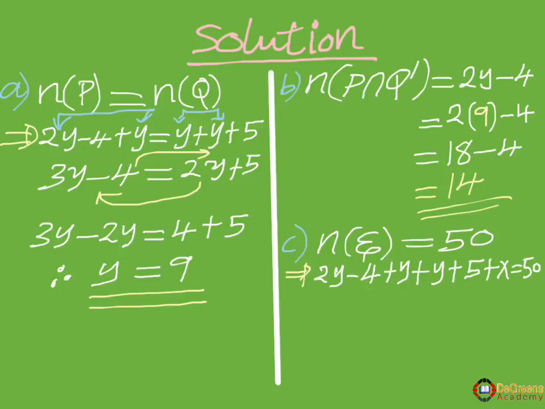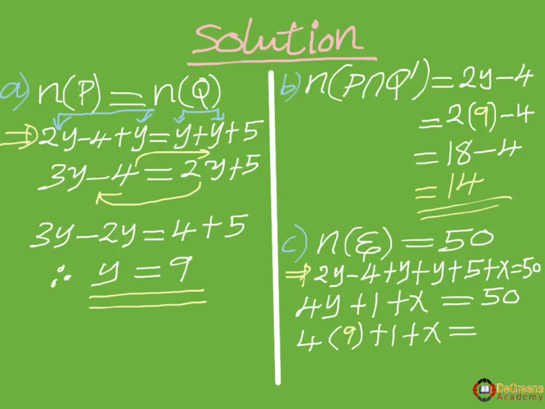We add the y's together. 2y plus y plus y gives 4y. Negative 4 plus 5 gives 1. So we are going to have 4y plus 1 plus x equal 50. Then we know our value for y to be 9. So that gives 4 times 9 plus 1 plus x equal 50. 4 times 9 gives 36.